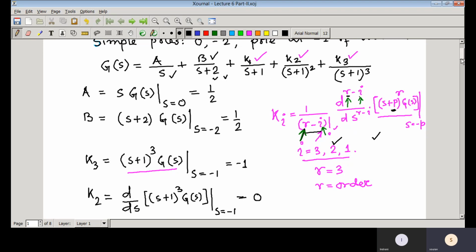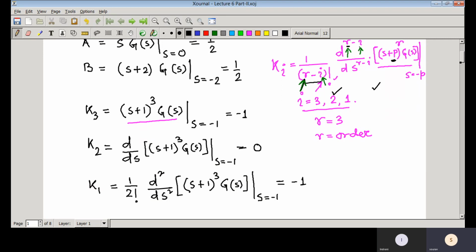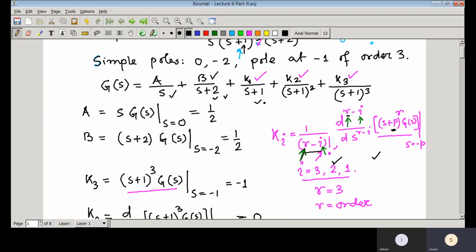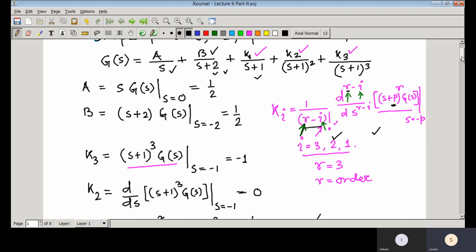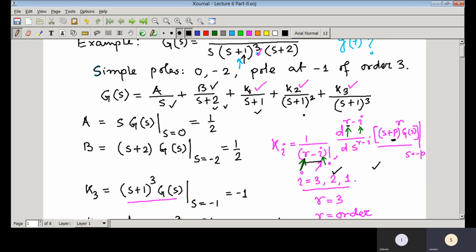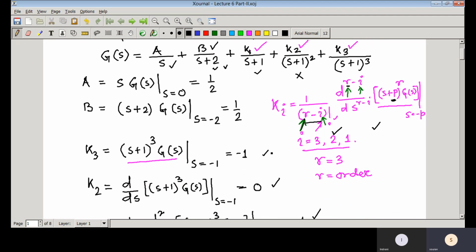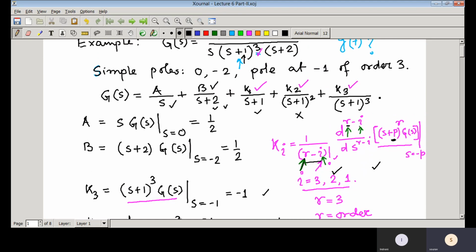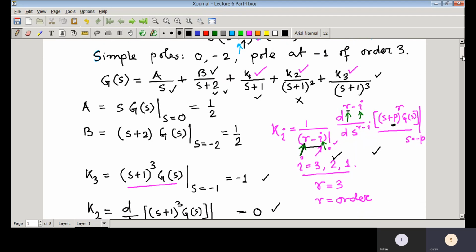Then K1 we get -1, so that is minus 1 by s plus 1, and we get K2 equal to 0, so this term is not there, and K3 equal to -1, so -1 by s plus 1 whole cube.